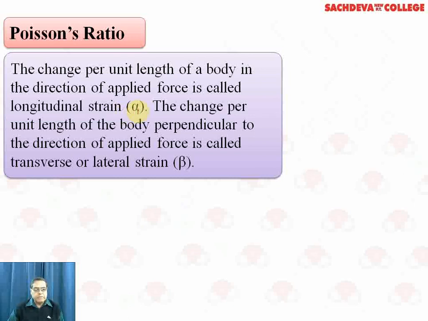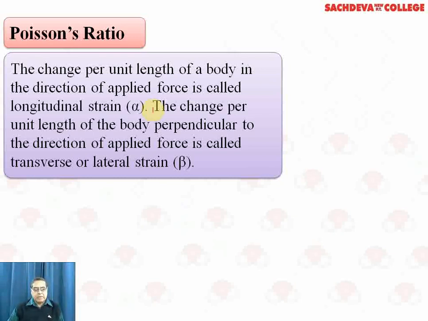Before proceeding further, I will explain what is meant by change per unit length. We apply some force and a change in length takes place, and the direction of the change in length depends upon the direction of the force.